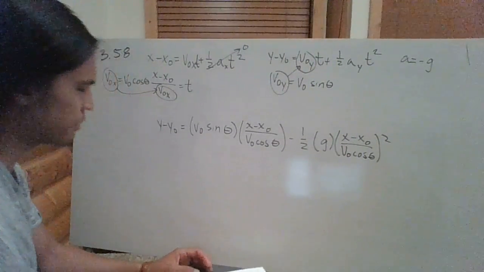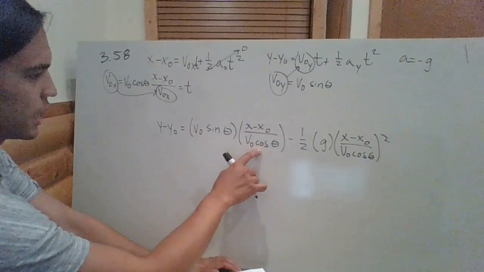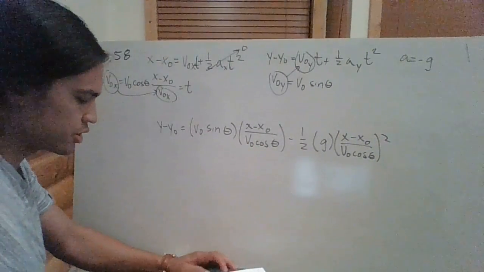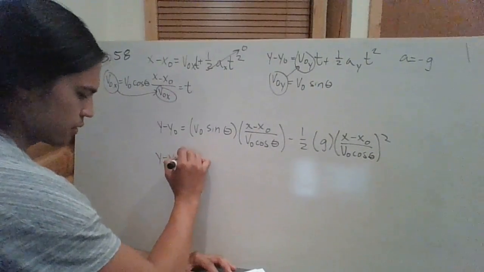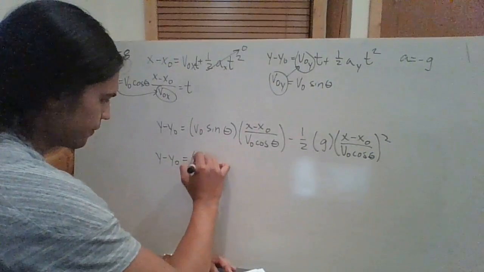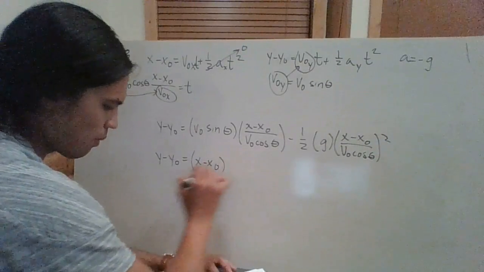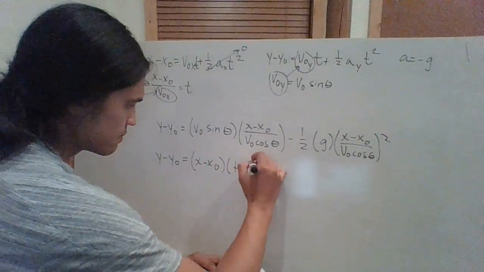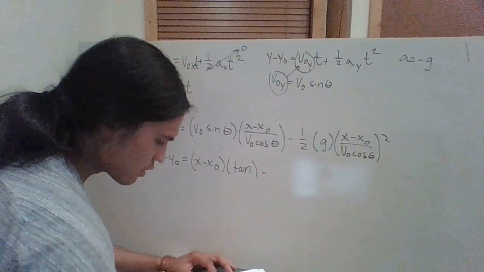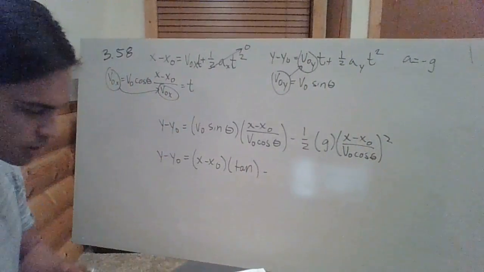And we can combine these because we have sine over cosine, which is equal to tangent. So that's going to turn this into this here. That is tangent theta.